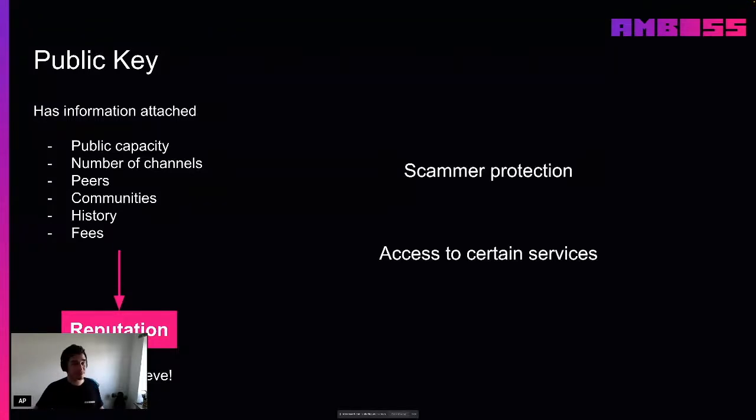So what can this do for you? For example, scammer protection. We've all seen the huge scamming problem that happens on Twitter, on Telegram, on basically any social media where you can create an account using an email. Creating an email address is extremely simple. It takes you max 5 minutes to create an email account.